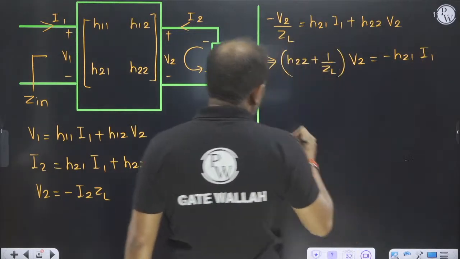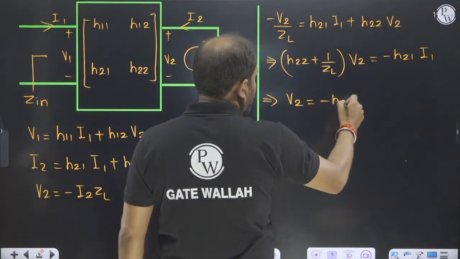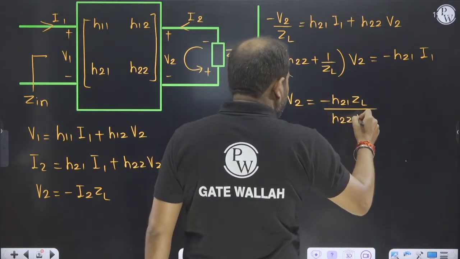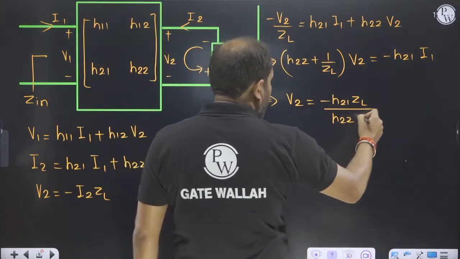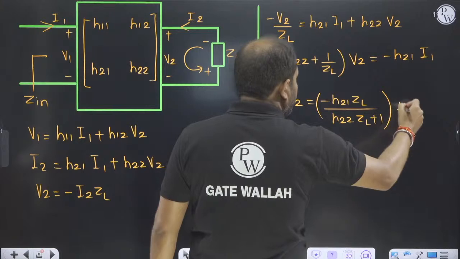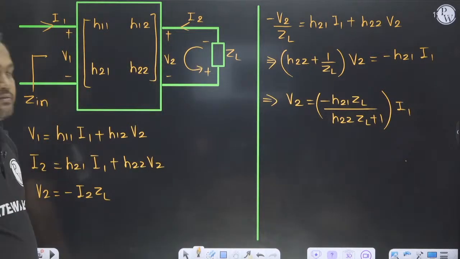Then we have V2 is equal to minus H21 into ZL divided by H22 ZL plus 1, into I1. Put this in the first equation.